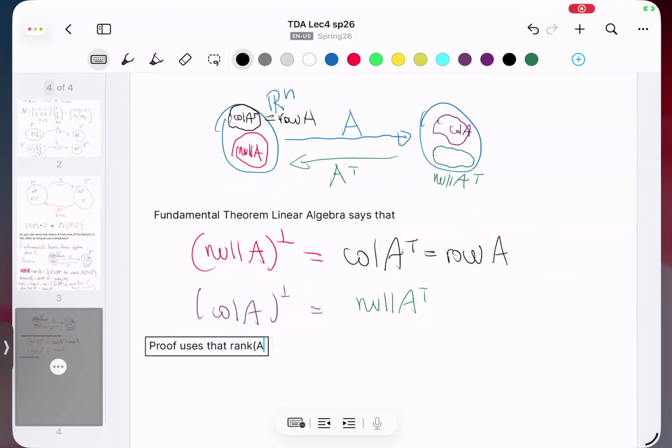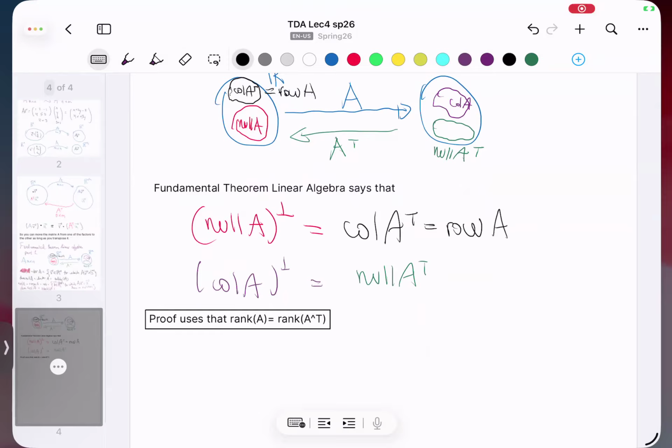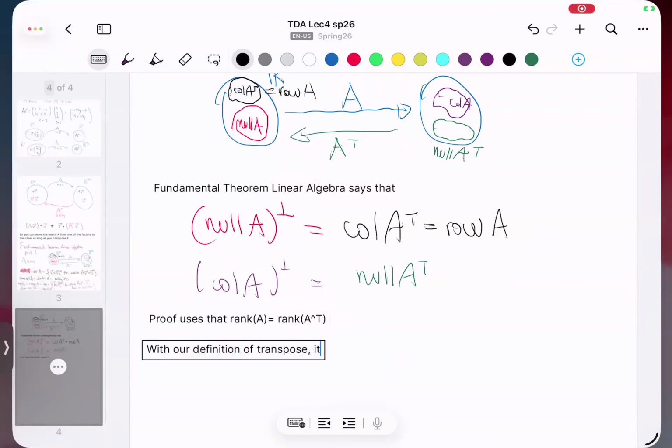But what I do want to show you is that it is very easy to see why, for example, the null space and the column space are perpendicular to one another. With our definition of transpose, it's easy to see why these subspaces are orthogonal.